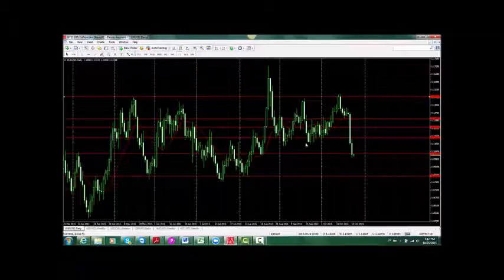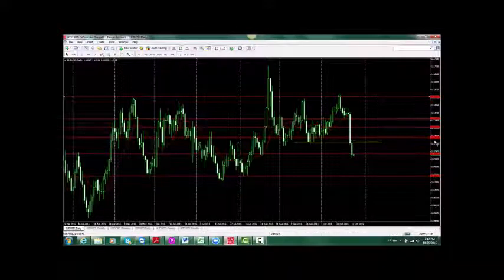So depending on how far the pullback is, this week we are looking for a further move to the downside, a pullback and then a further move to the downside. So these levels, 108.50 or 108.100, certainly could be the target. So that's what we're looking for, potentially pulling back into this level here or further up here.